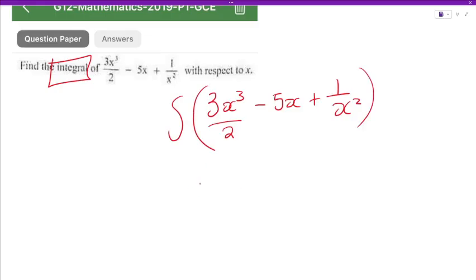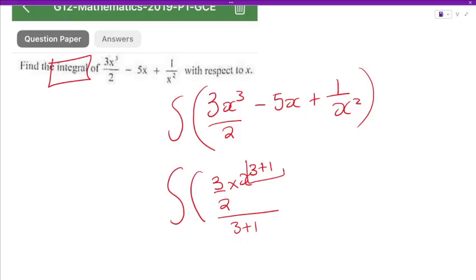So now remember, you are dividing the coefficient of x with the power of x. So in other words, what's going to happen is you're going to say 3 over 2, okay, times x to the power 3 plus 1. Remember, you're adding a plus 1 to the power of x, and then you divide this with 3 plus 1. You are dividing the coefficient of x with the values you have up there. So that is basically how we're going to do it.